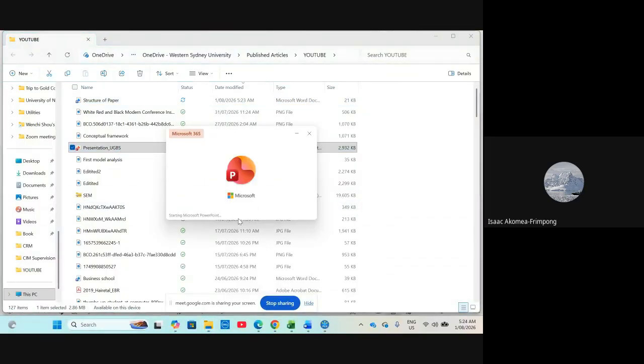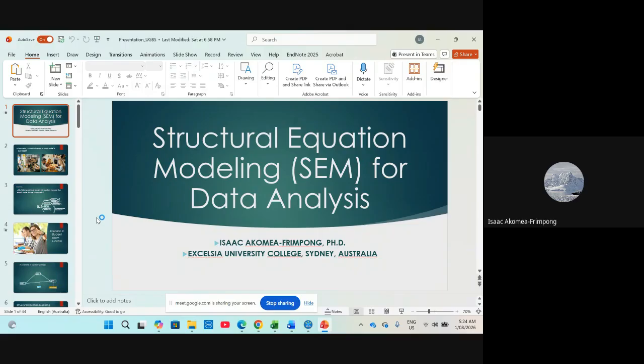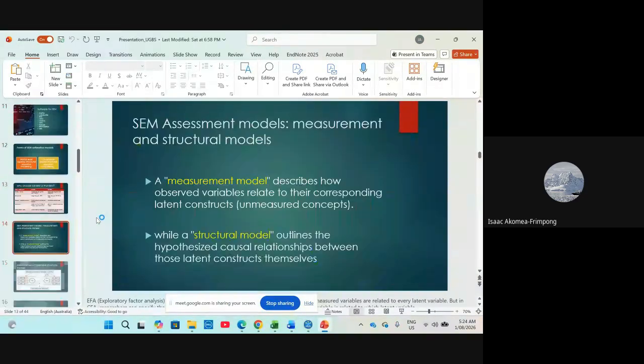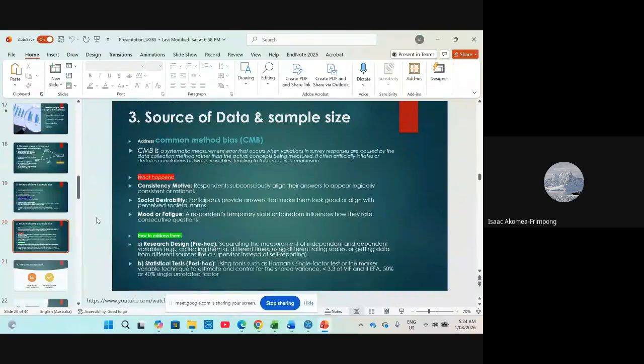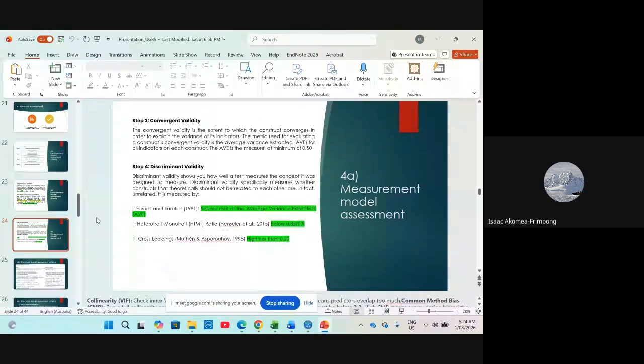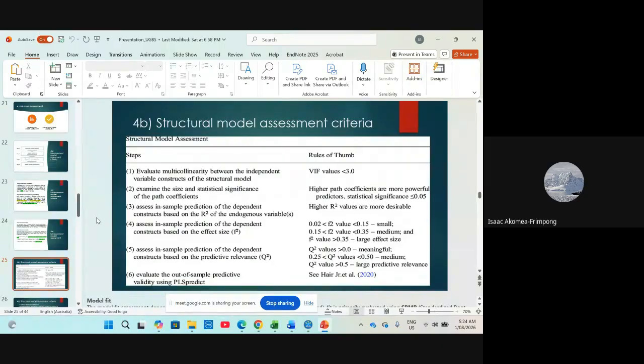Yeah, so I told everyone that I'm going to show you how to check your model fit. So please, I'm not going to go over what we have done again and again, because I expect that you have watched the video and you now know all these things, indicator reliability. I won't go back, because if I do that, we are not going to finish.